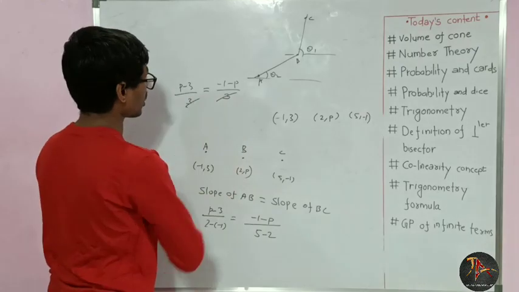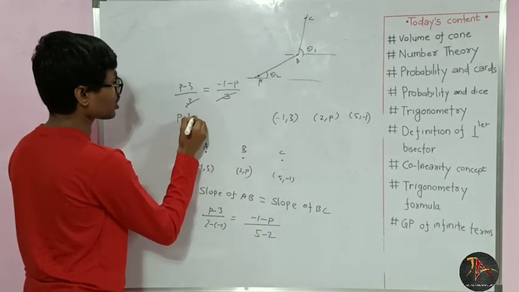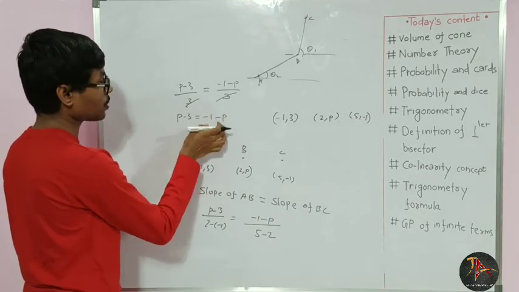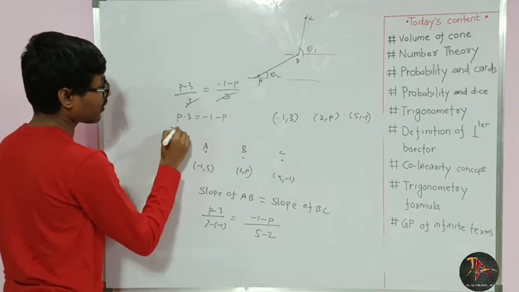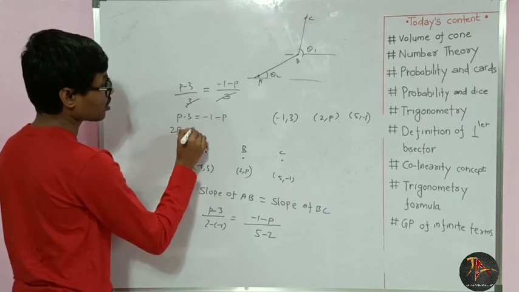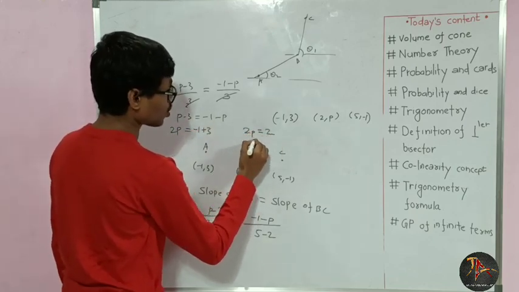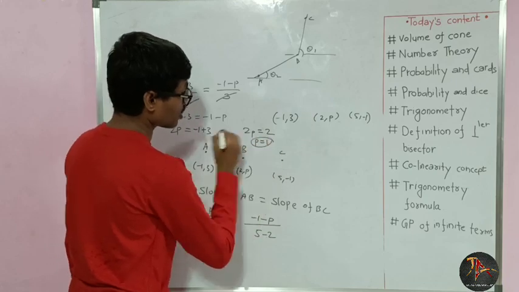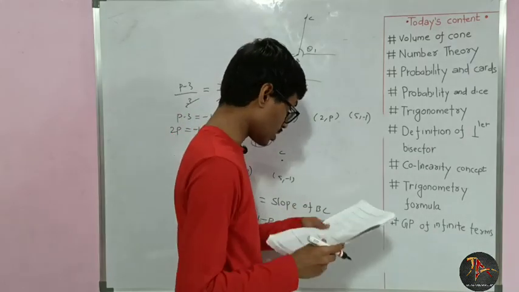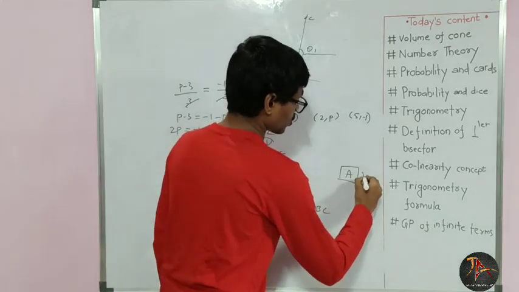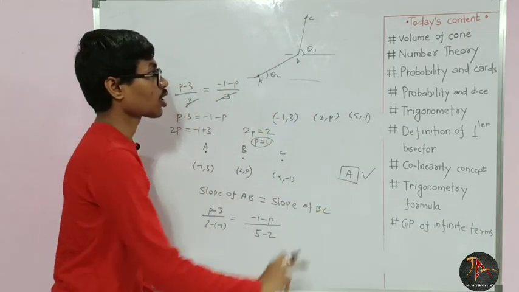So 3 cancels, and P minus 3 will be -1 minus P. Now if I bring P from here to here, then I will get 2P is equal to -1 plus 3, so 2P is equal to 2. So the value of P comes out to be 1. The value of P should be 1, and it is given in option A. So the correct answer for this question should be option A.